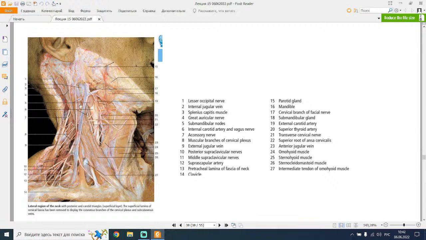Here you see a fragment of vena jugularis interna. This is externa and interna. And you see vena jugularis anterior.